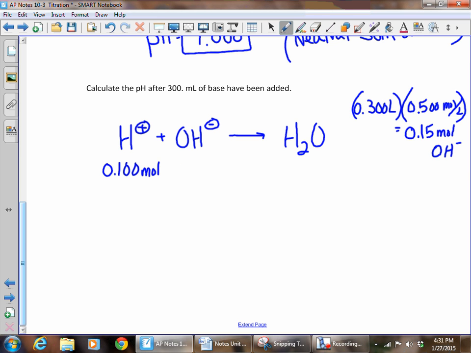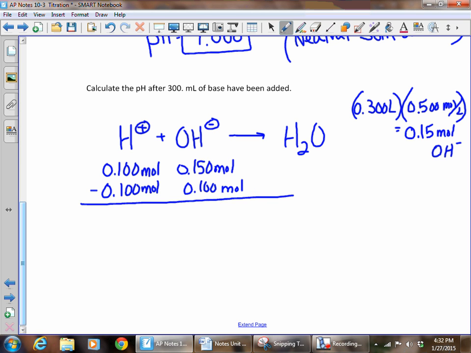So technically 0.150 moles of the hydroxide ion. So we're going to subtract now 0.100 moles of hydrogen ions, because that's what's going to disappear completely. And so 0.100 moles of the hydroxide will also go away. And we're left with 0.050 moles of our hydroxide ions.